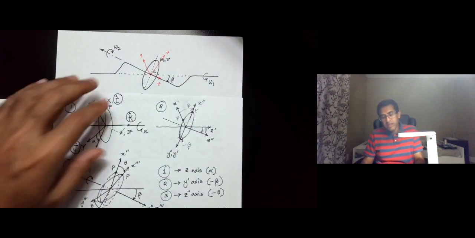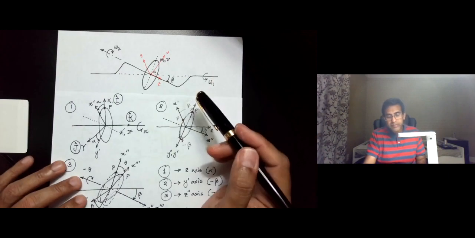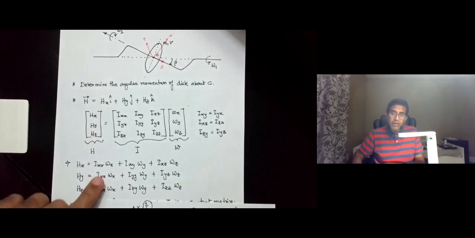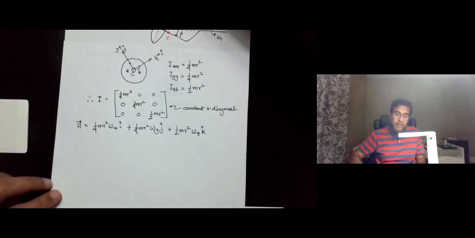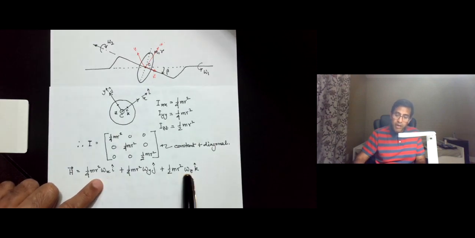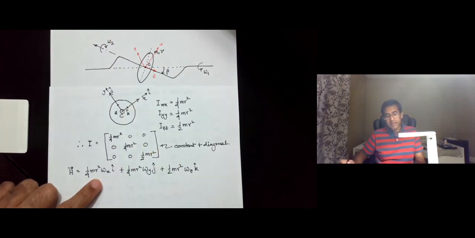So what we want to do, remember, is express omega 1 and omega 2 in terms of angular velocities omega x, omega y and omega z, where omega x, omega y, omega z are oriented along the body fixed x, y and z.